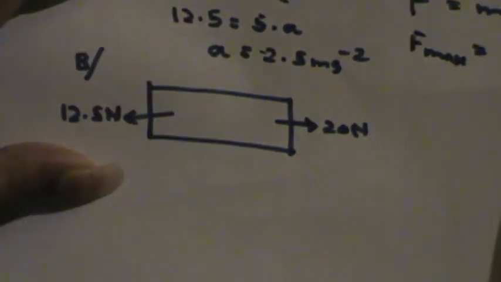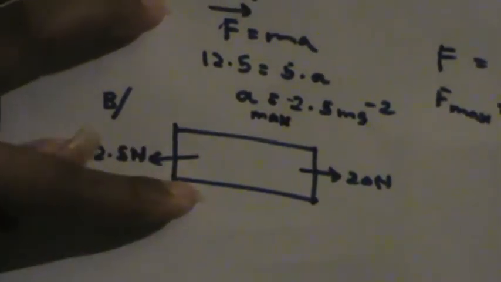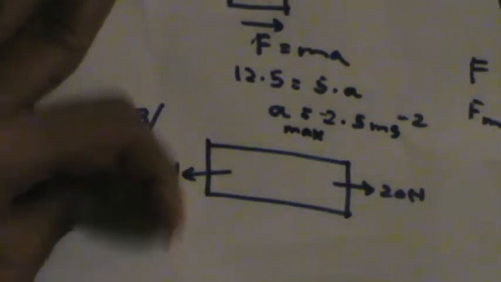So a equals 2.5 meters per square second here is the maximum acceleration A can get. Now I will calculate the acceleration of this object, because it's important.